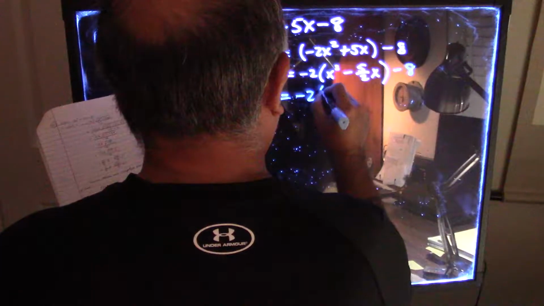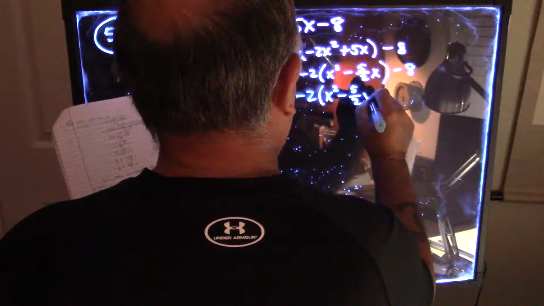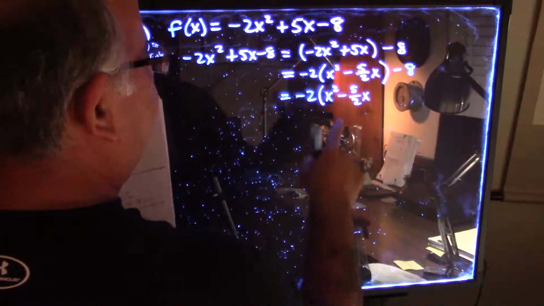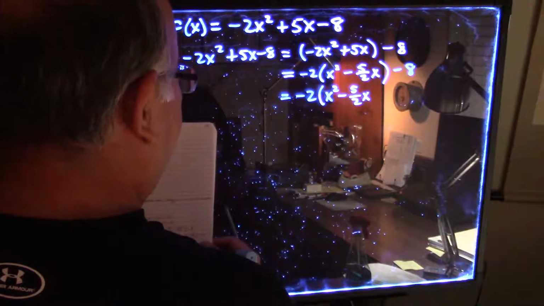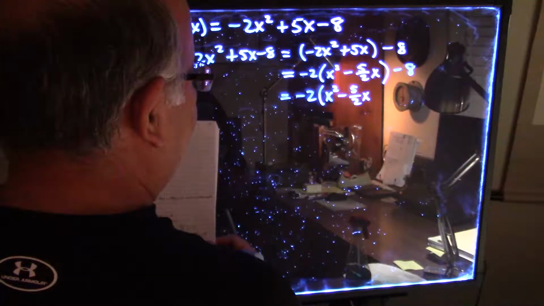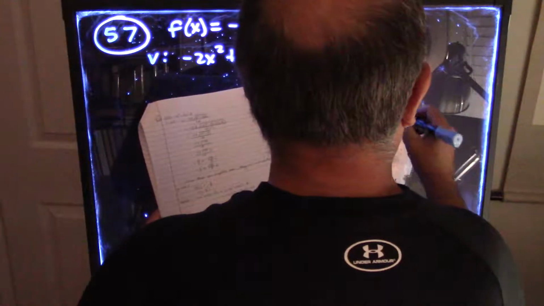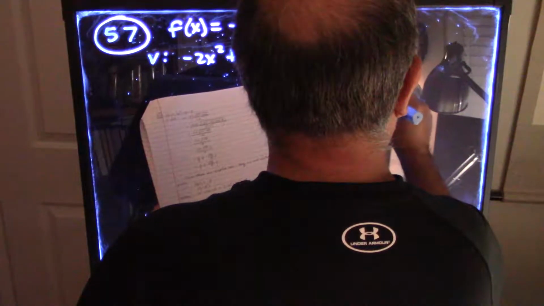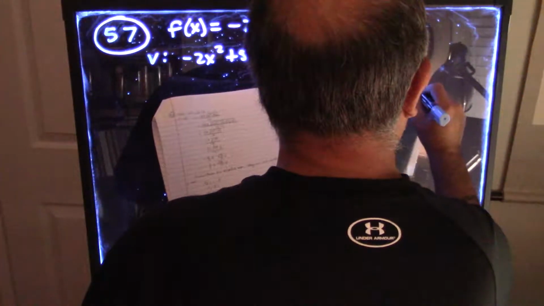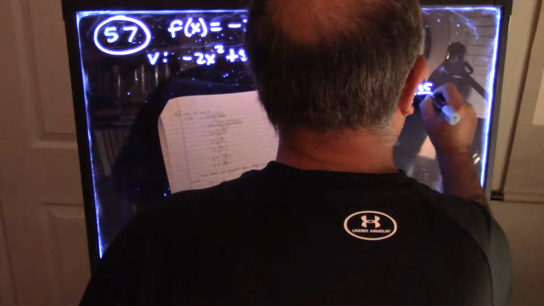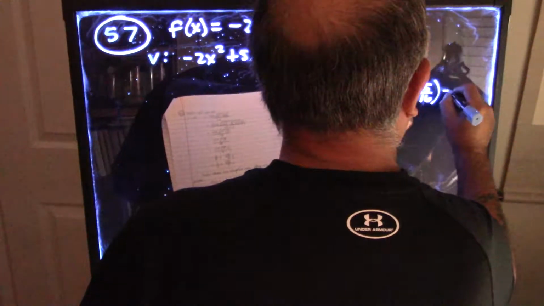So we have negative 2 times x squared minus 5/2 x, and then you take half the coefficient of x. 1/2 times 5/2 is 5/4, and then you square that. That's 25/16. Then you add and subtract 25/16 inside the parentheses, minus 8.